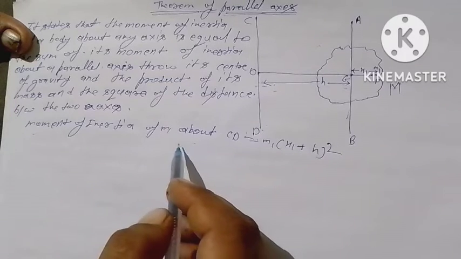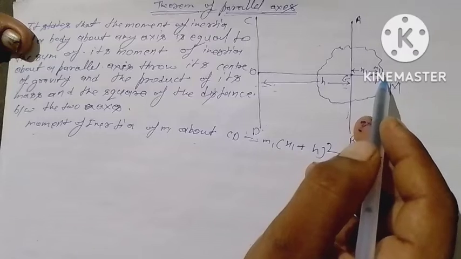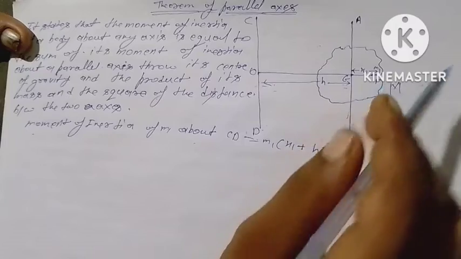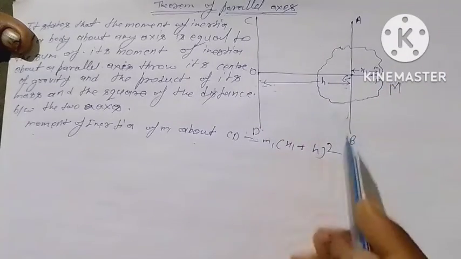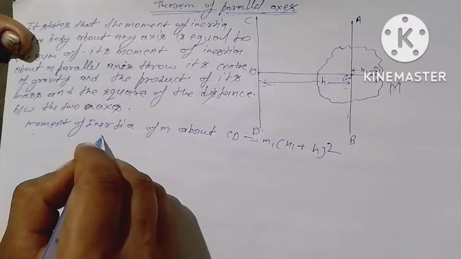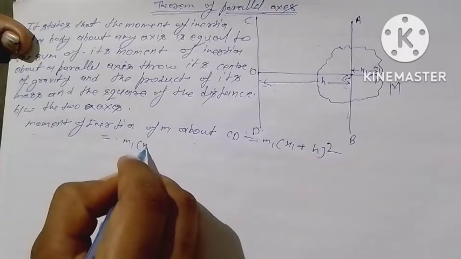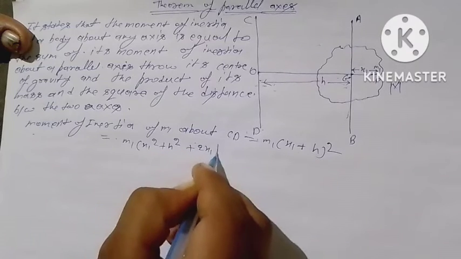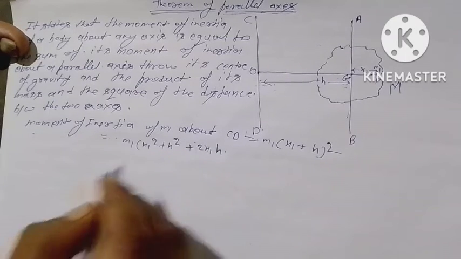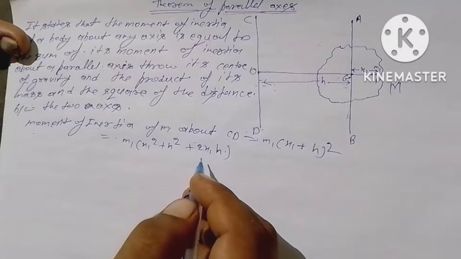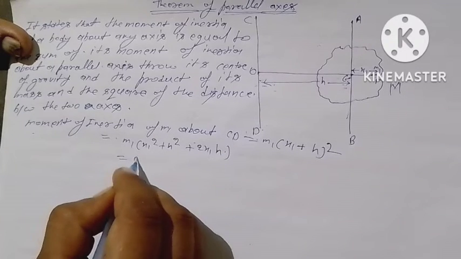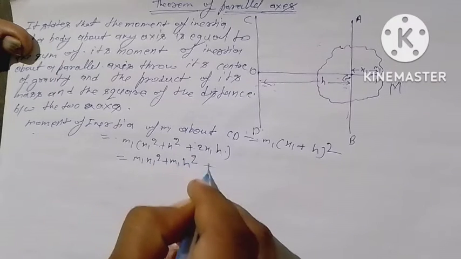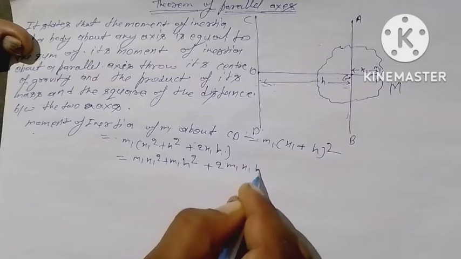Moment of inertia of m1 about CD equals mass m1 multiplied by distance (x1 plus h) whole square, which equals m1 (x1 square plus h square plus 2 x1 h). That is m1 x1 square plus m1 h square plus 2 m1 x1 h.